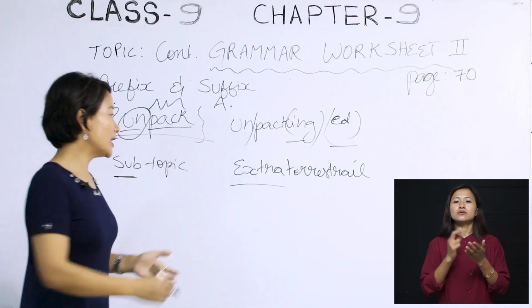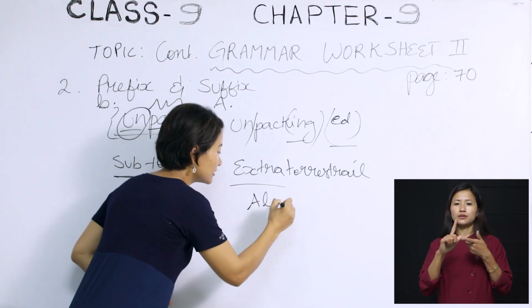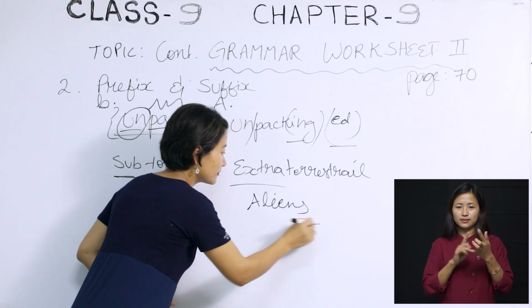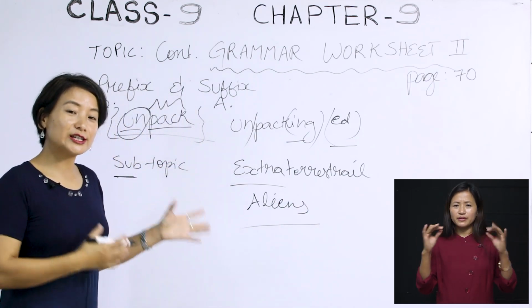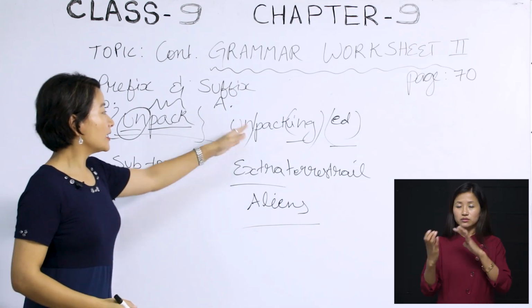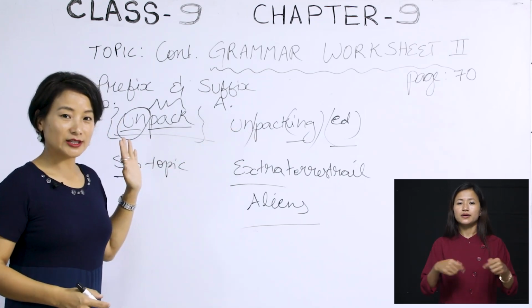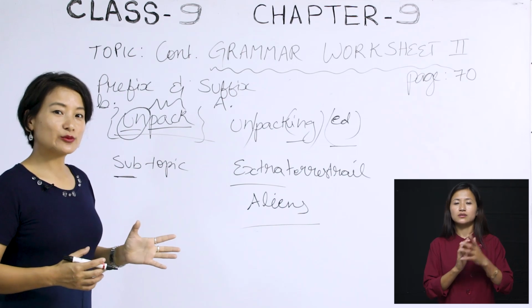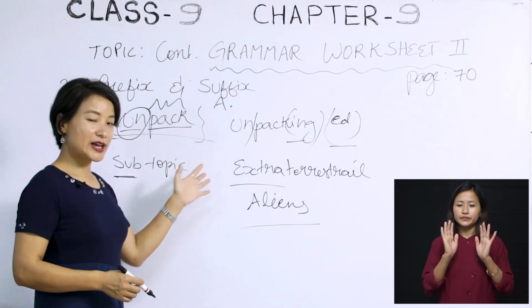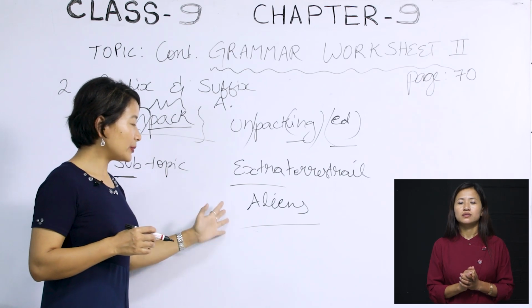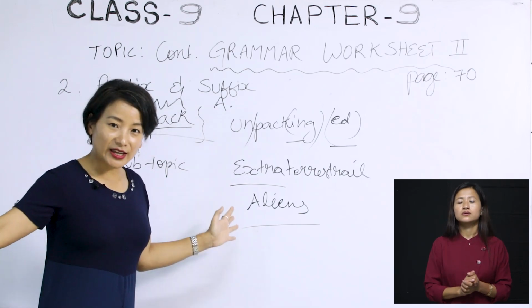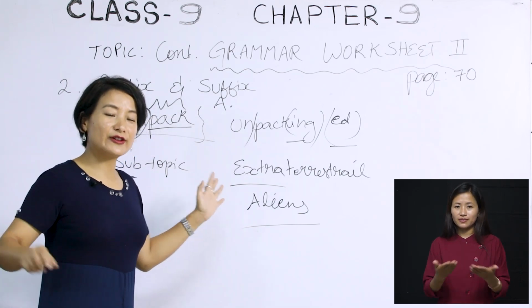So what does it mean? It also means aliens. So it means the same thing, but the spelling changes, so it gives you a lot of synonyms and antonyms as well. Unpacked, antonyms of packed. So that's what we have here. And take a look at this example again. It means the same thing, and yet you can use it in different ways.